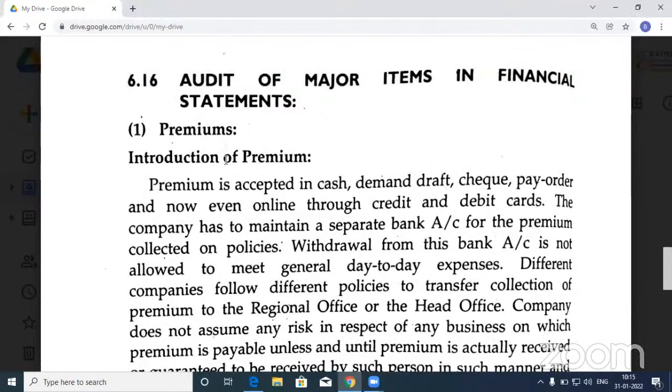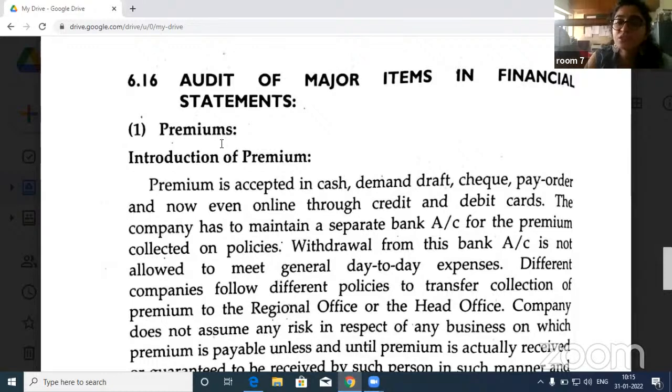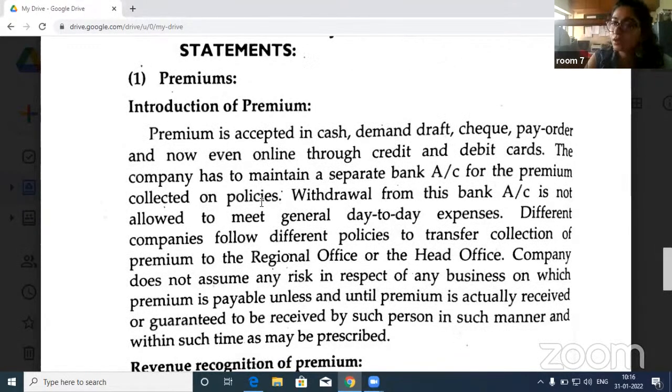Okay. So premium: if you are an auditor, what all things will you check in your premiums account? Opening and closing balance, and the date on which premium started for each customer. Total premium is to be tallied with whatever is recorded in the books of accounts, and then you should have kept proper reserves. If it is marine insurance, then 100% reserve for unexpired risk is to be maintained.